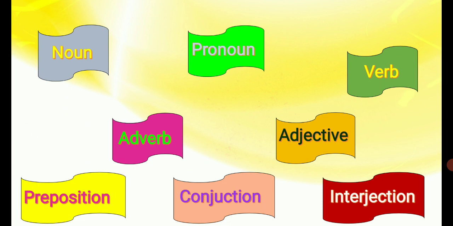These are the 8 parts of speech, and whenever we want to make a meaningful sentence, we need some parts of speech, right? It is not compulsory that all 8 parts of speech will be in a sentence, but to make a meaningful and sensible sentence, we need some of them.